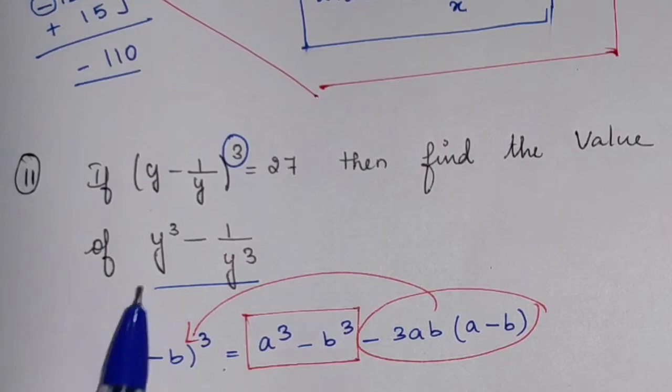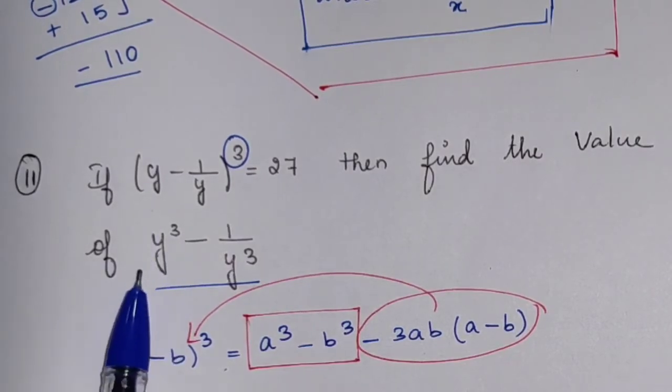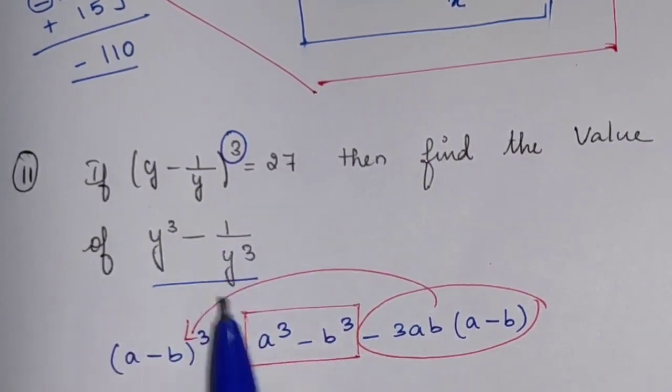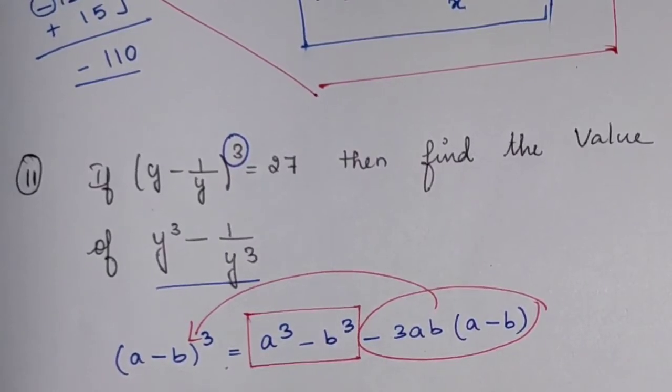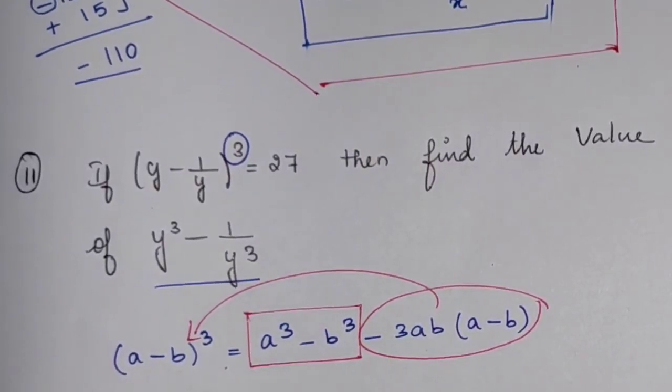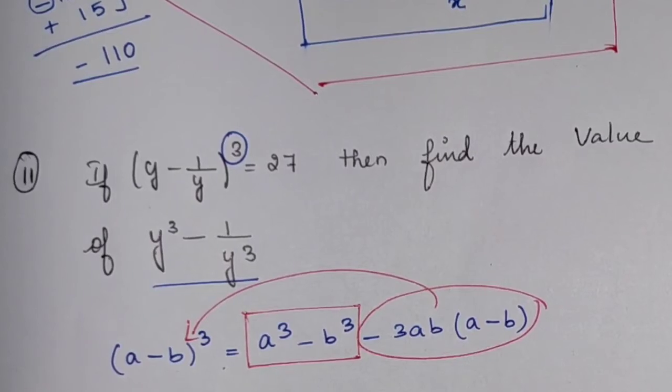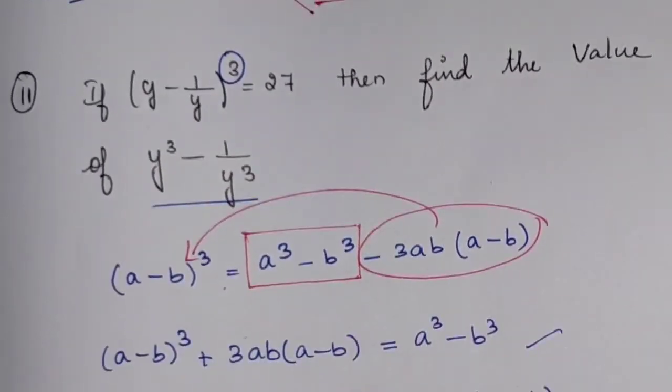But if you look at the question, in the place of a I have y and in the place of b I have 1 by y, where a is equal to y and b is equal to 1 by y. Now substitute this in the formula.